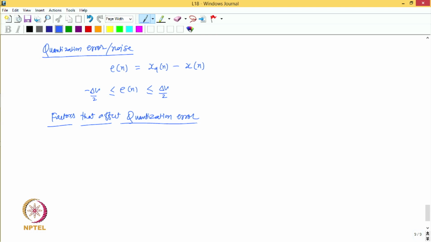The first is the number of bits in the ADC. The higher the number of bits, that is n, the smaller would be the quantization error.